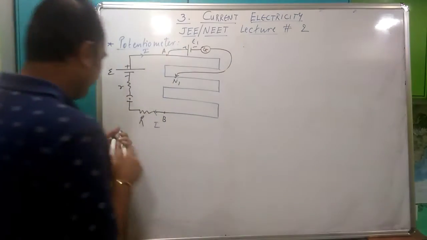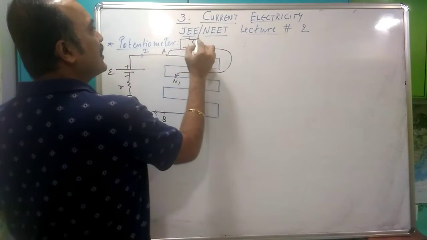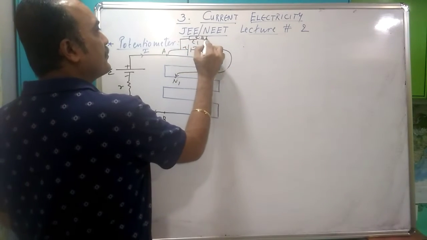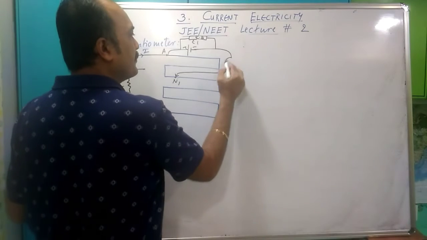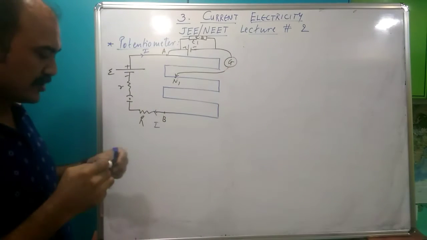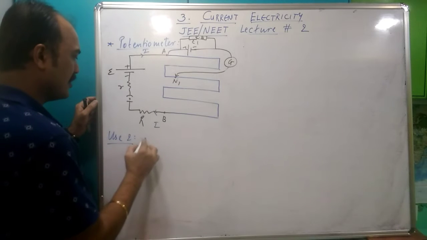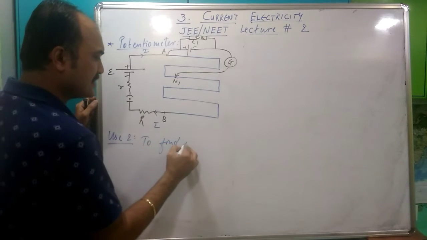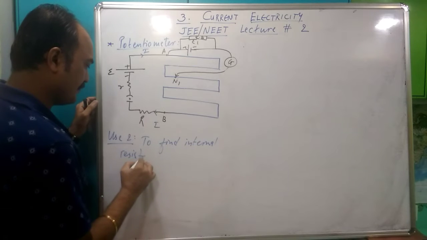So same old idea, but the only difference is that here I will also connect a resistance box. The galvanometer comes here. You've seen this in the textbook. So this is used to find the internal resistance of a cell.